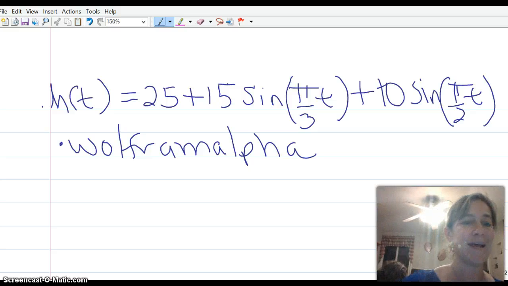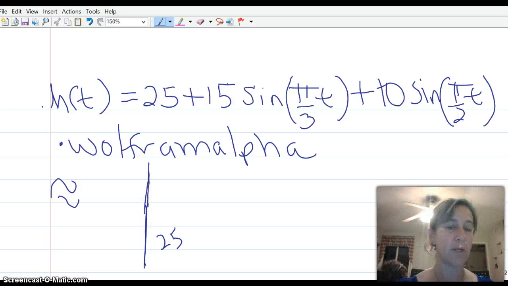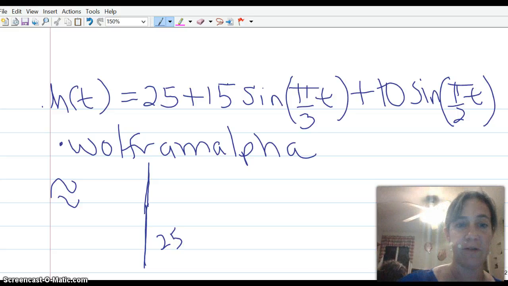You can probably estimate the highest height, because remember we said that the initial base here was 25, plus when your arm goes around, that arm is 15, the radius. So when you put that all together, you're going to be at a height of between 40 and 50, right?